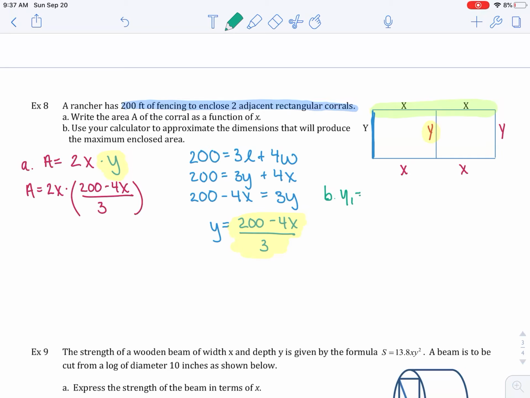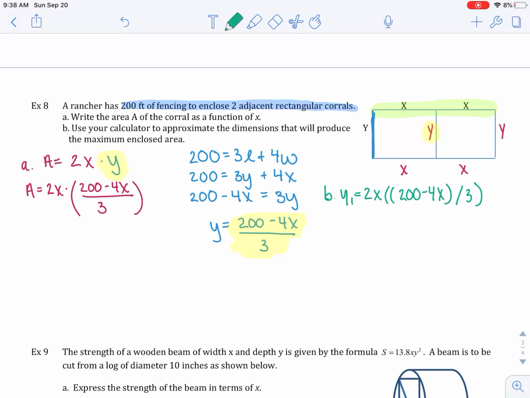Into y1, you should be graphing this guy. So 2x times, and then again, be careful with your parentheses. You want your entire numerator to get divided by the 3. So double parentheses, okay? Pause me here until you get your max, because we're going to go straight into the answer.